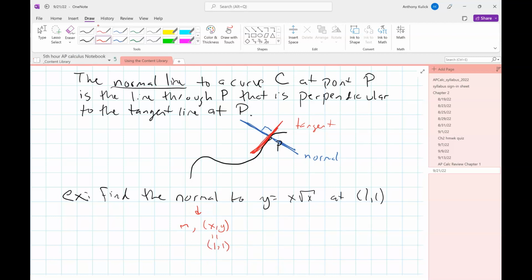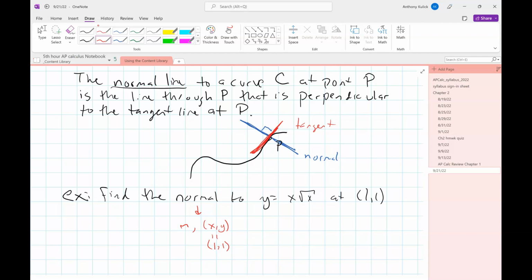How am I going to find the slope? I'm going to use the derivative to figure out the slope of the tangent line. And then if you remember all the way back to Algebra 1, what's the relationship between two lines that are perpendicular? Their slopes are negative reciprocals.